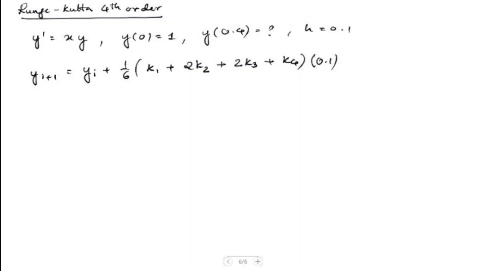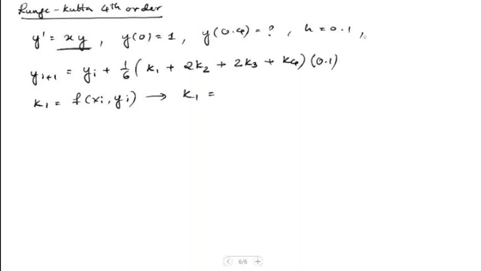So I just replace the value of h that we already know here, and then k1 is equal to f of xi, yi. So we can say that k1 is equal to the function f(x, y), which is x times y. So I can replace the x by xi and the y by yi here.